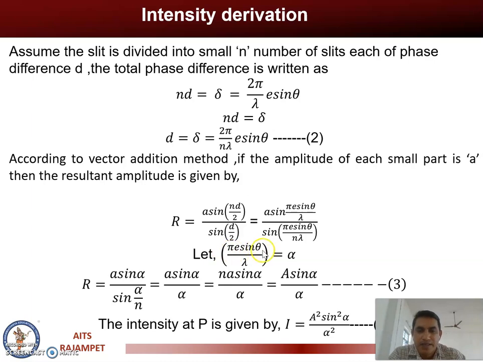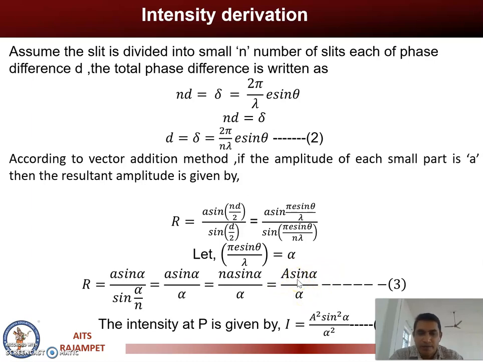Let pi e sin theta by lambda be equal to alpha. Then R is equal to a sin alpha by sin alpha by n, that is equal to a sin alpha by alpha over n. If alpha is small, we can neglect it, so R is equal to n a sin alpha by alpha. This is equation 3.